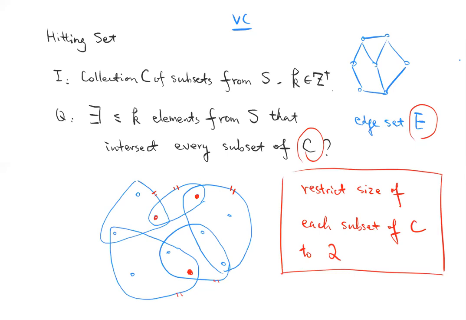Actually, C can be interpreted as edges. So what we get is a graph. Then it's really the vertex cover problem in this case.